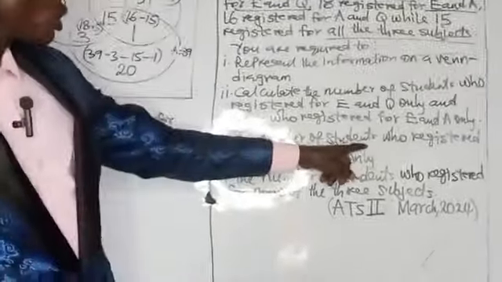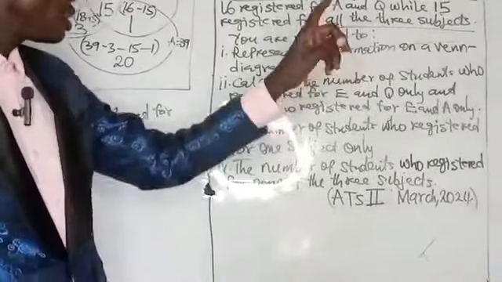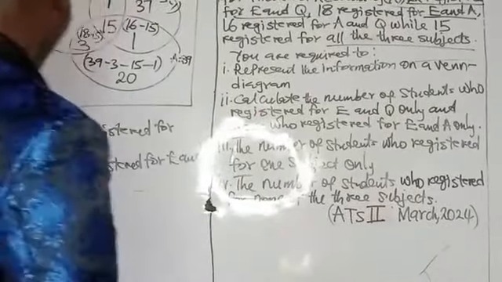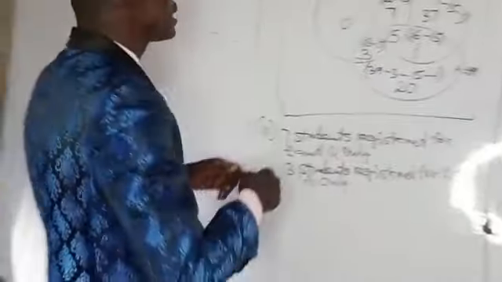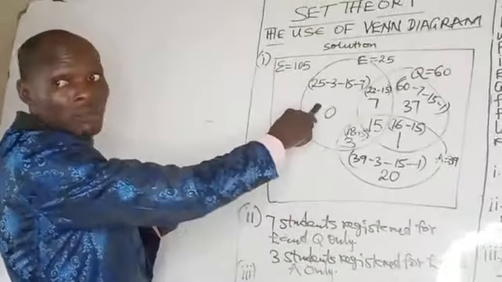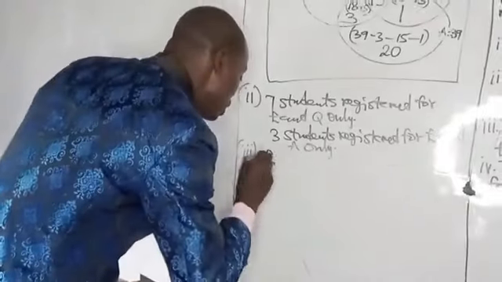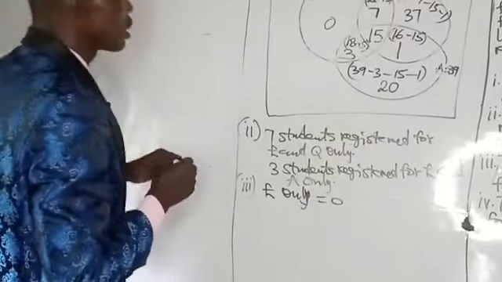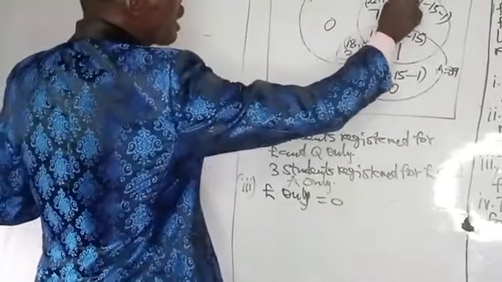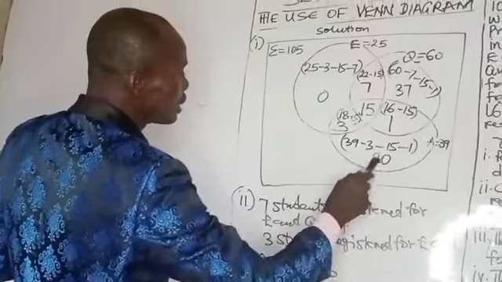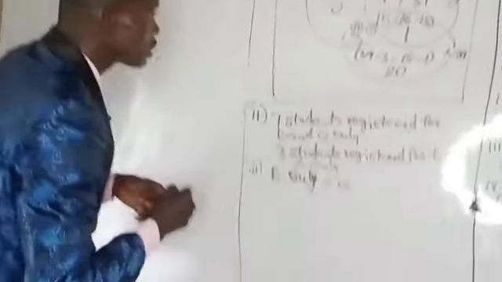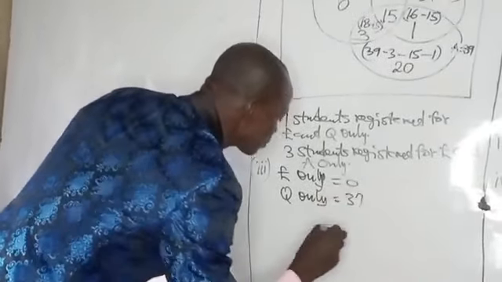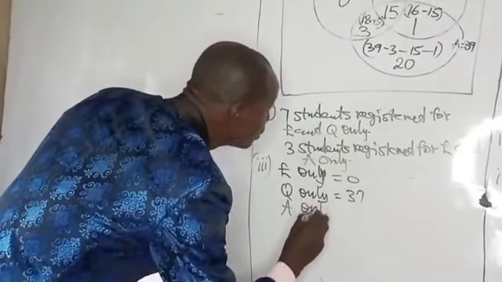The number of students who register for one subject only. Economics only, we have that to be 0. 37 register for Q only, and 20 register for A only.